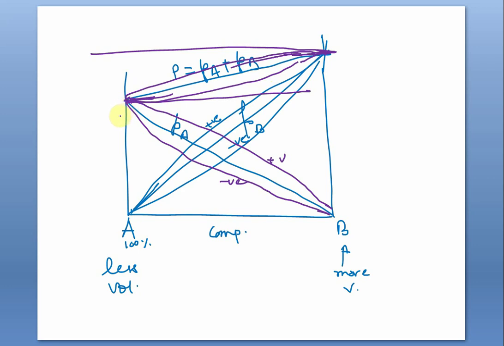It is curved, but not deviating on a large scale, so that at any point, in between the two pure states, the mixture has a boiling point or a vapor pressure which is in between. If the vapor pressure is greater than the greater among the two, then that is a highly deviating system.